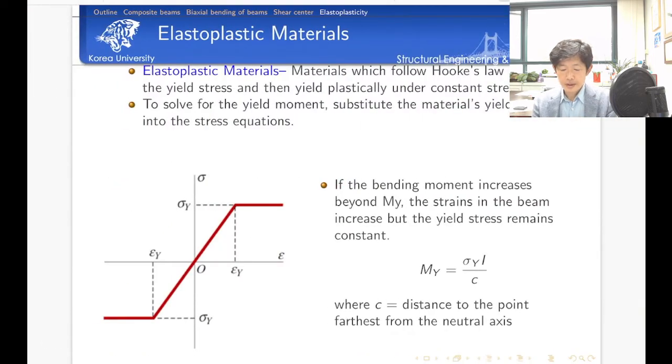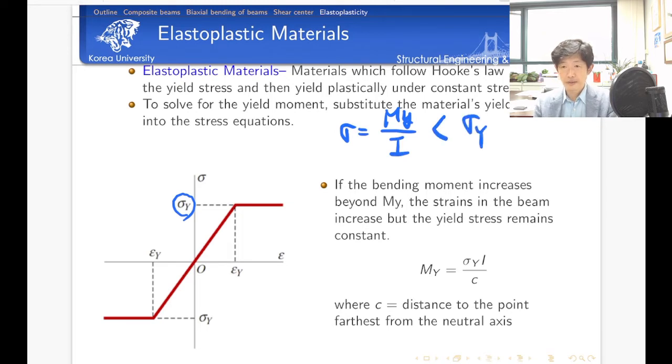All right. So here, in the case of perfect plasticity, the stress is limited by the yield stress value. That's why the stress calculated by this flexure formula should be limited by what? The yield stress value.